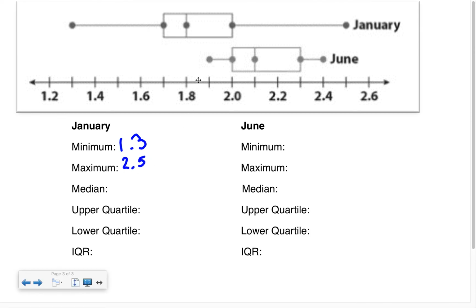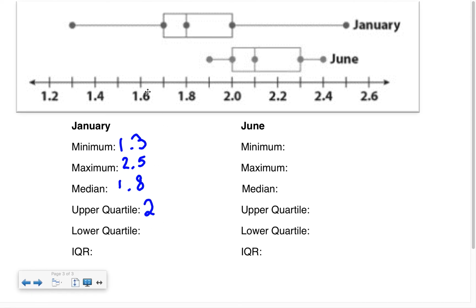The median is going to be this number right here where the line is in the middle of the box. Sometimes it'll be shifted to the left, sometimes to the right, depending on how bunched our data is. But our median here is going to be this dot, which is going to be 1.8. The upper quartile is going to be the right side of the box, so here it's going to be 2.0.